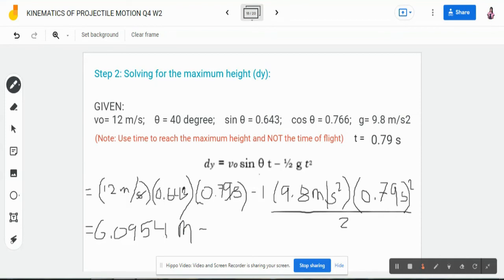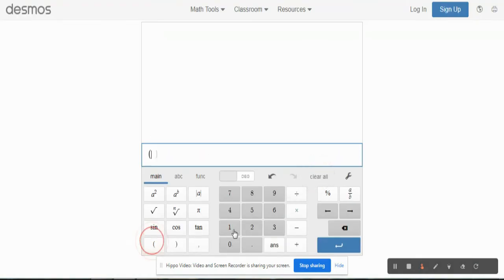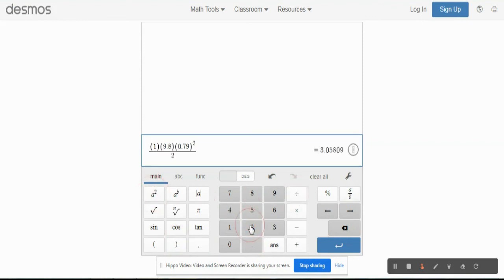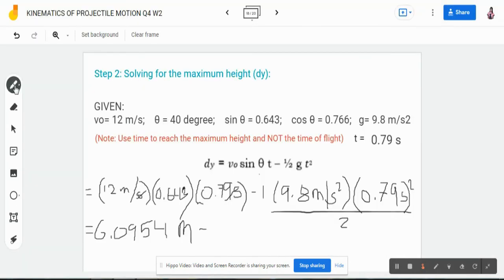Minus, perform naman natin itong pangalawa. 1 times 9.8, okay. And then, yung ating time na 0.79 seconds is squared. Don't forget na ito ay squared. Then, divide natin siya overall by 2. So, we will be having 3.05809. So, tingnan natin kung ano yung difference.